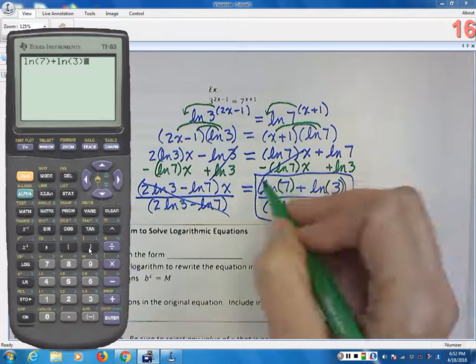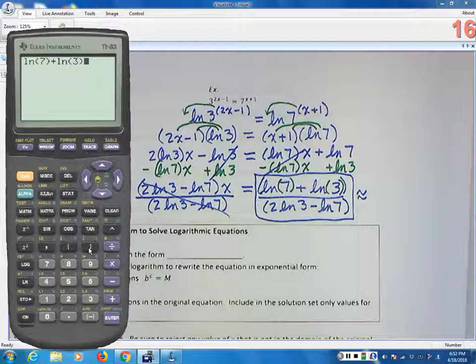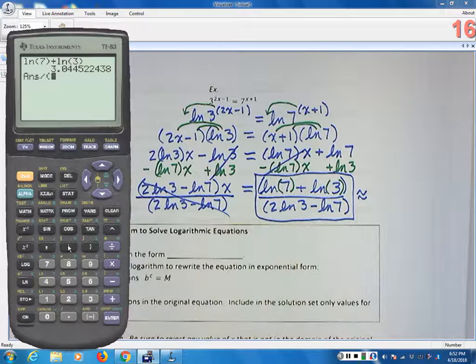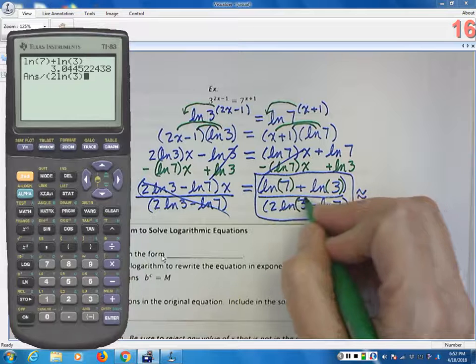I forgot to put parentheses around the whole numerator, so I can hit enter, and that'll give me my answer to the numerator, and then divided by, and then I do need a parenthesis here, the denominator, 2 natural log of 3, but I have to close the parenthesis. The natural log opened one up, we've got to close it.